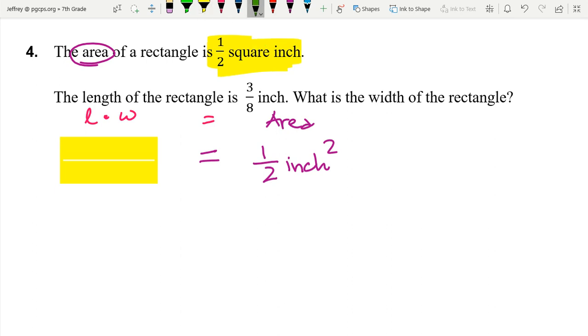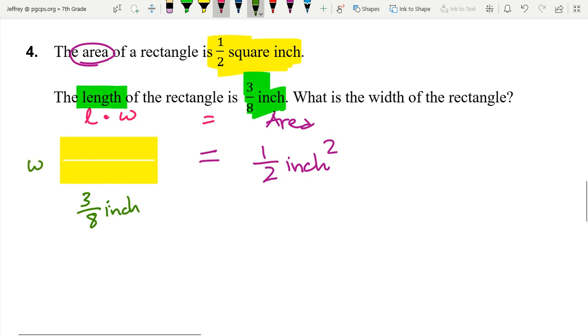Now, what else do we know? We know that the length of the rectangle is 3/8 inch. So make sense of the problem. The length would be 3/8 inch. Do we know the width? We do not, because it's asking for the width.